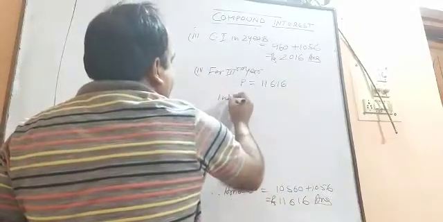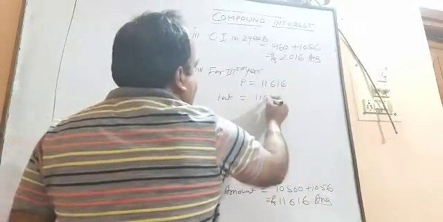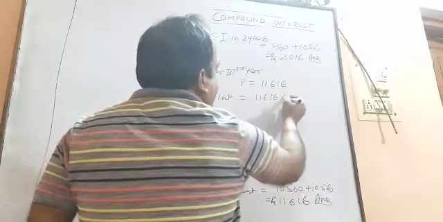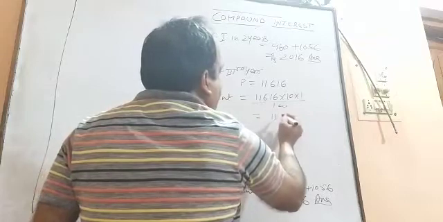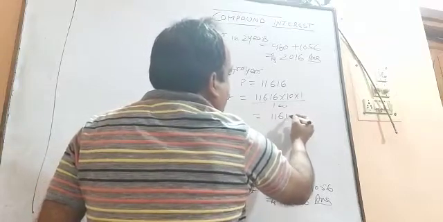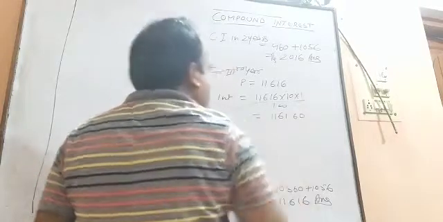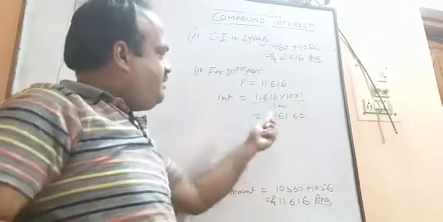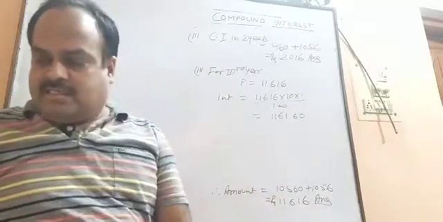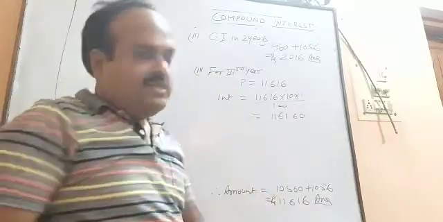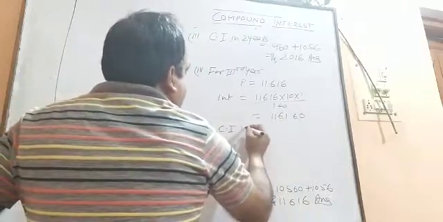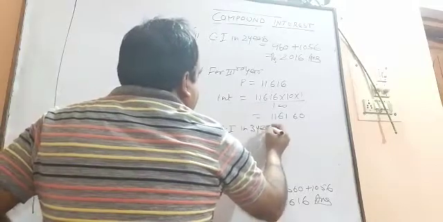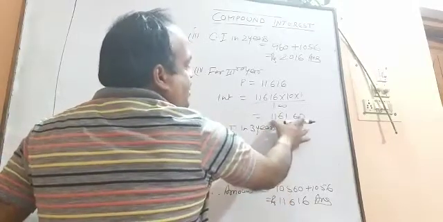Interest for third year will be 11,616 into 10 into 1 upon 100, which comes as 1,161.60. So interest of third year will be 1,161.60 rupees.